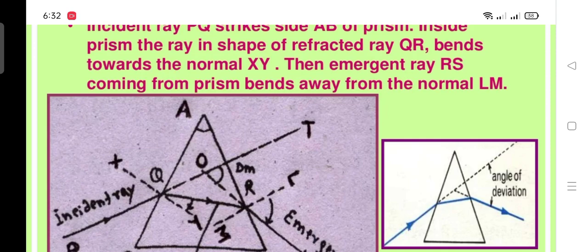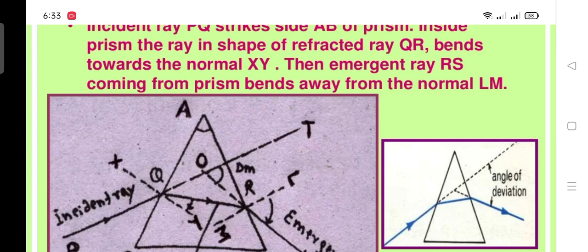So students, this is all about the process of refraction and the laws of refraction, how light moves from rarer to denser, what is the nature of light when moving from denser to rarer, and how it bends toward or moves away from the normal. We studied all this in this video.